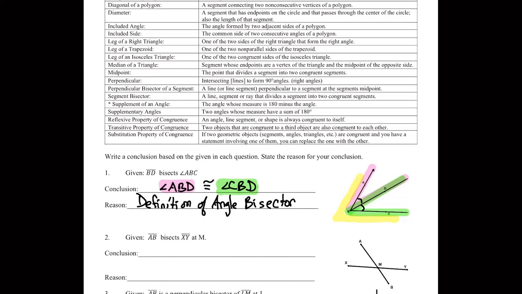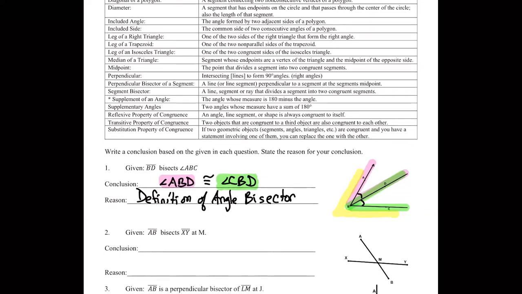Right? So for number two, AB bisects XY at M. Right? So what that's telling me is that AB is the bisector to XY, meaning it's the knife that's cutting XY in half.